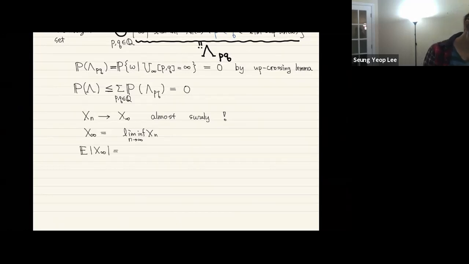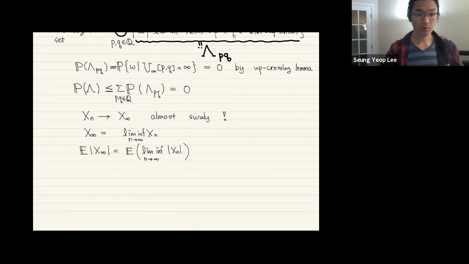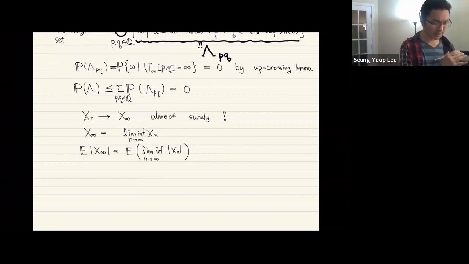So this is given by the expectation of... the lim inf should be inside the absolute value, but I put it outside.